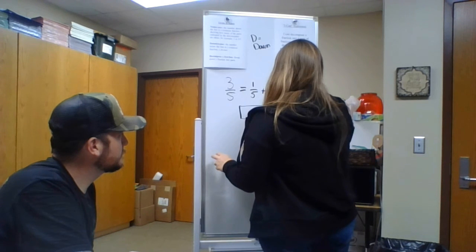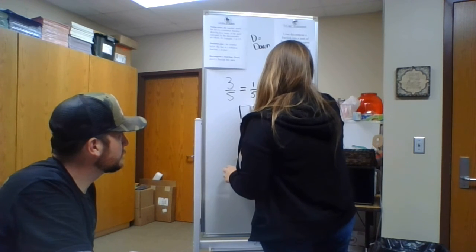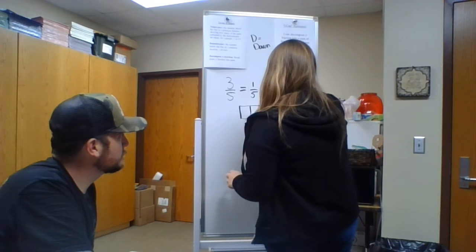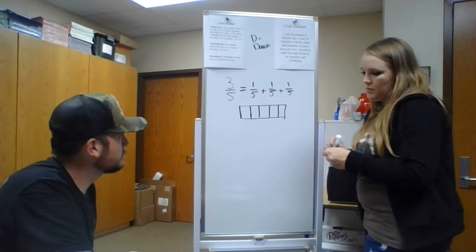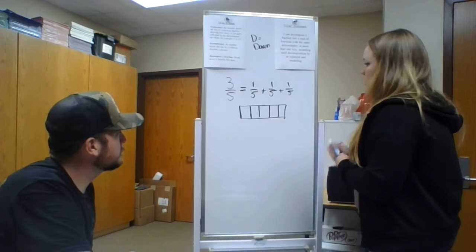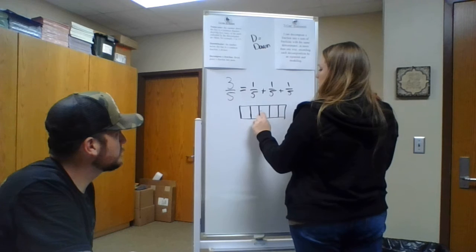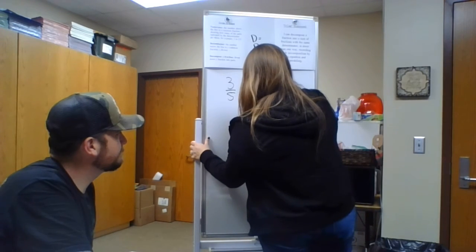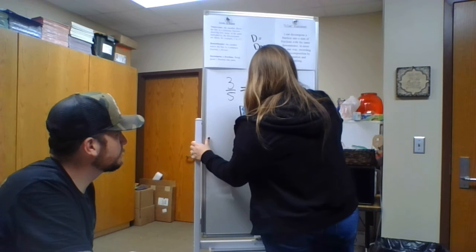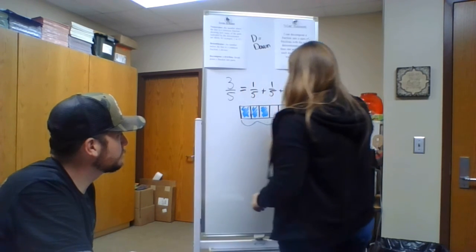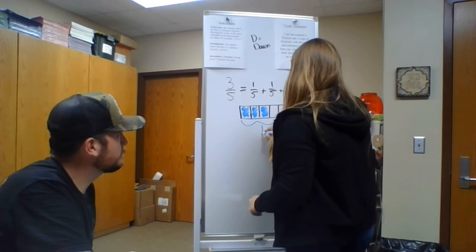And then to diagram that, we're going to need to go ahead and break it down. And from our previous lesson, we talked about shading in the fractions. So how many of those would we shade in? 3. Right. And this whole thing equals what? 1.